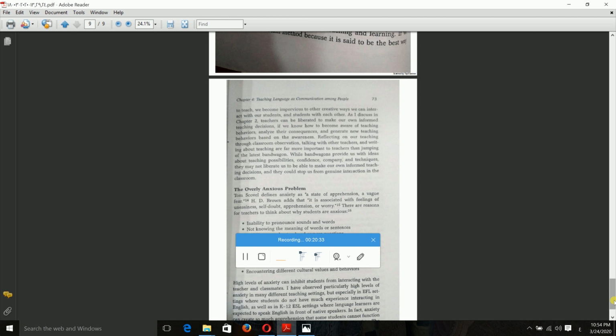Bare criticism: it means that sometimes, as I told you earlier, the students' errors can be corrected by the students themselves. Not knowing or understanding course goals or requirements, meaning not grasping the goals of the course or what it requires. Testing, especially oral tests. Previous unsuccessful language learning attempts, and encountering different cultural values and behavior. The last point is the clash of cultures: the culture of the English language differs from the culture of the Arabic language, as you know.